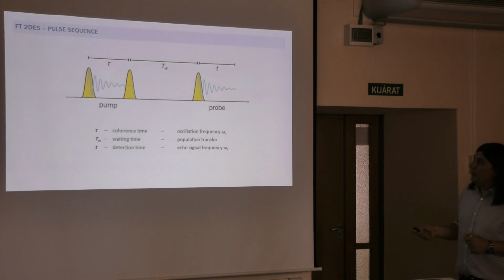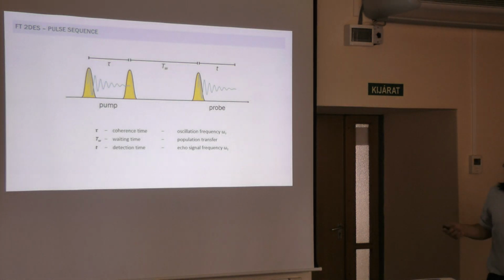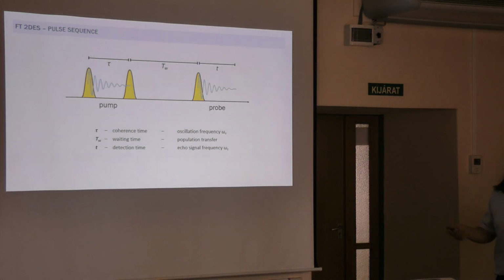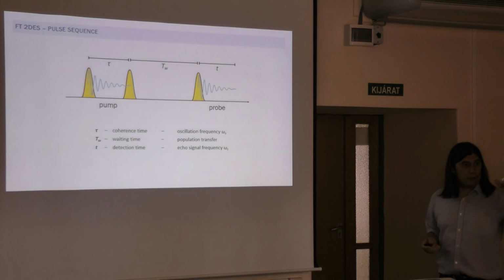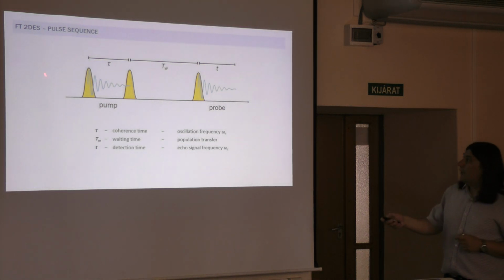We usually, from NMR nomenclature, call it tau or T1, and this is called coherence time. So what happens is that the first interaction sends the sample into coherence, right? And coherence means it will oscillate with the frequency of the transition over time.